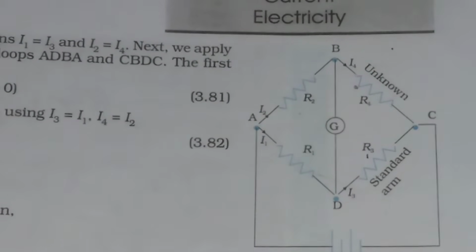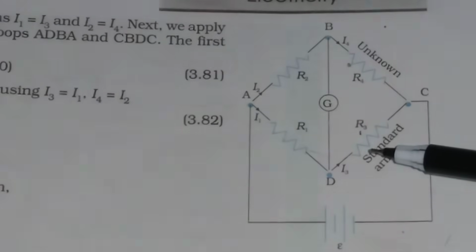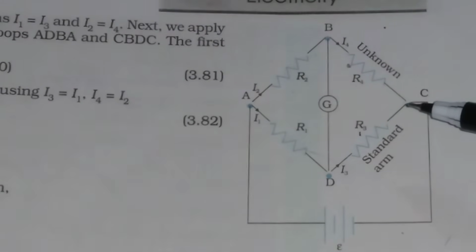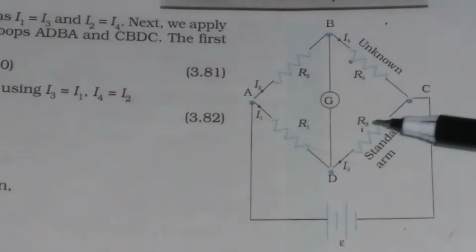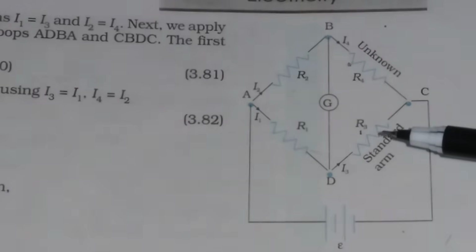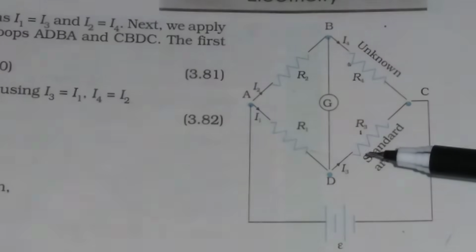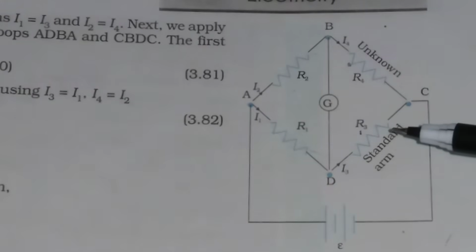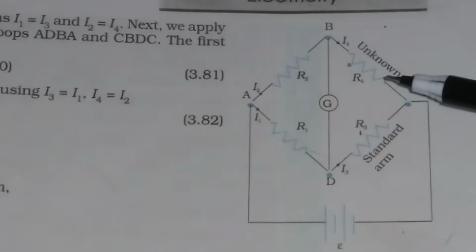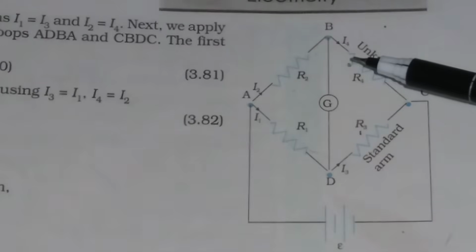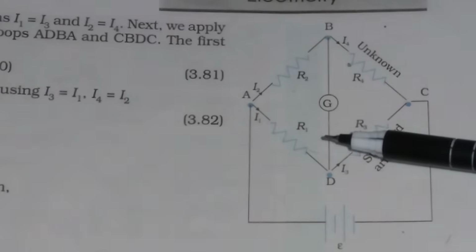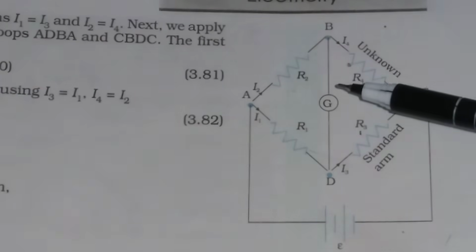in potential. Again applying Kirchhoff's loop rule to the closed circuit CBDC and considering anticlockwise notation, we get minus I3 R3 because there is a voltage drop here, a decrease in potential, and for resistor R4 it will be plus I4 R4 because there is a rise in potential, and for the galvanometer the current will be 0.